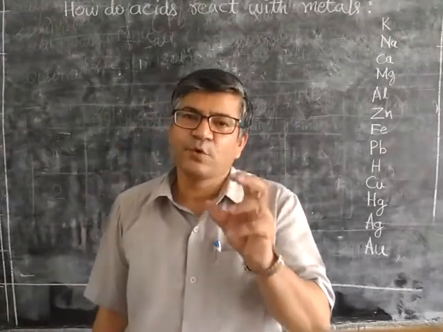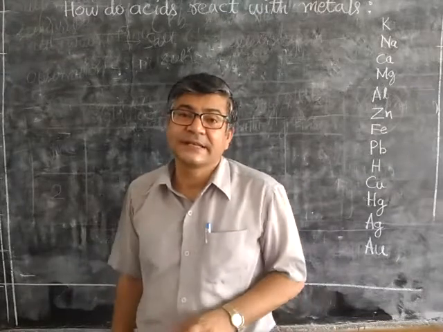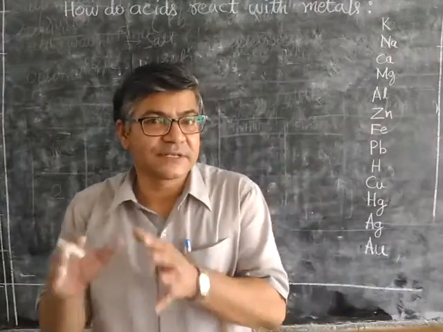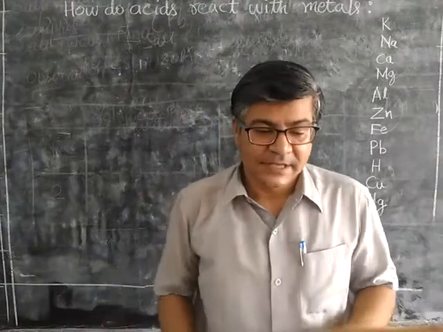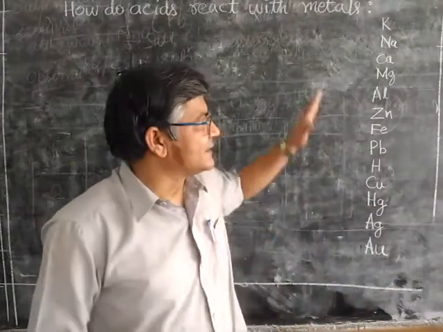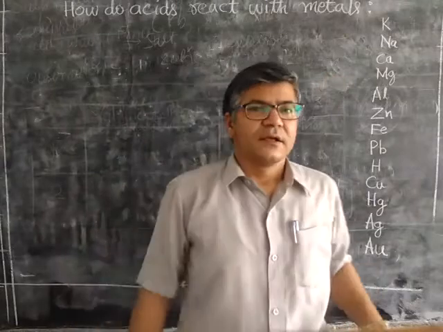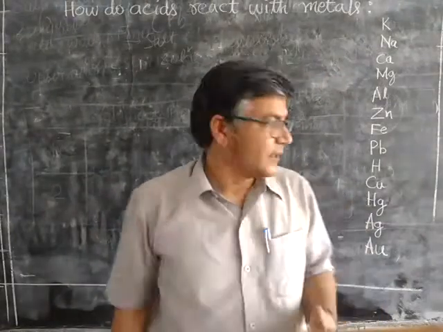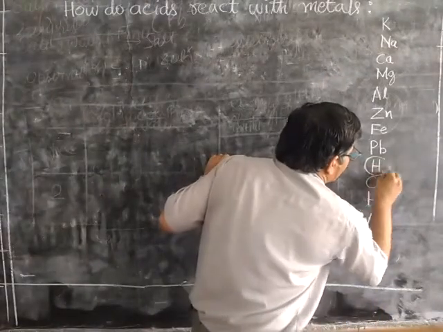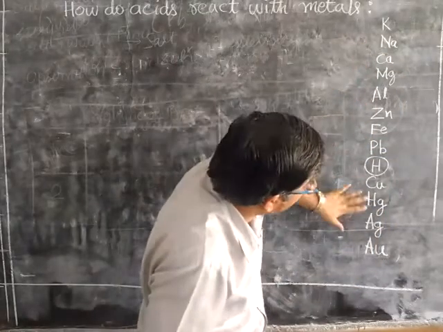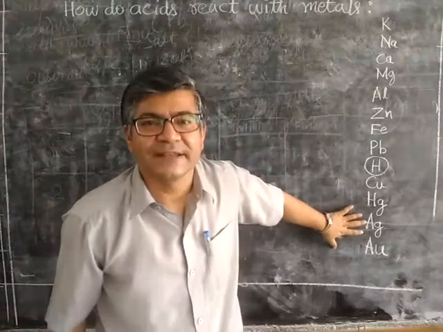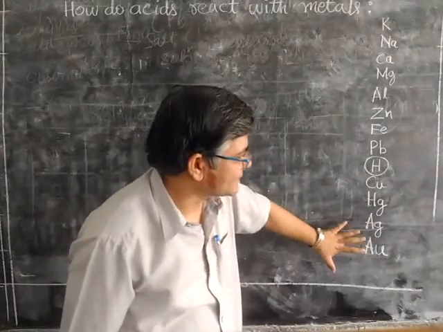You have to memorize that reactivity series as soon as possible because it is going to be used again and again in this chapter. The elements above hydrogen are very highly reactive, these are less reactive, and this is the least reactive.